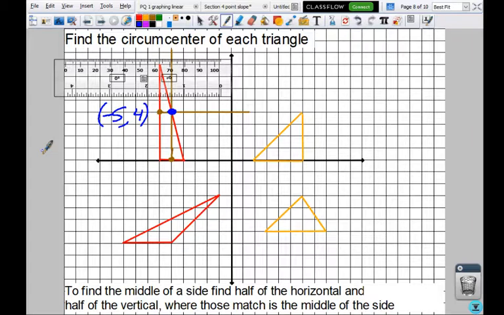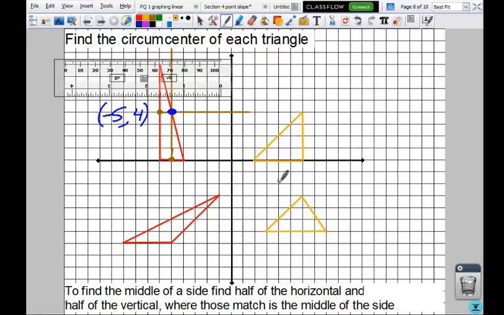Alright. I'm going to have you guys find the circumcenter on this triangle on the right. Go ahead and make sure you did this one, because you're going to do that one too. So on the top right triangle, I want you to find the circumcenter. And then we'll go over it real quick.